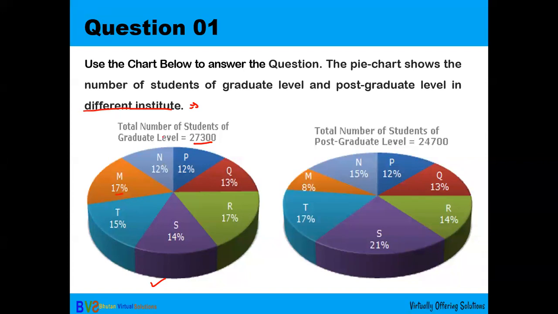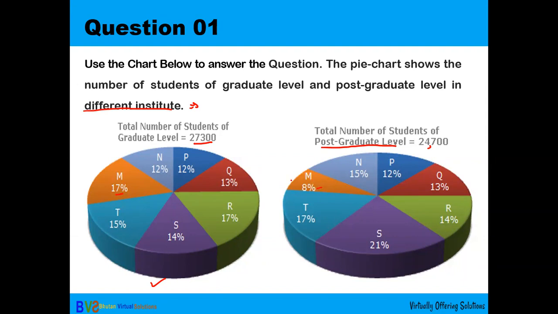Similarly, the second graph represents the postgraduate level, with a total of 24,700, and 8% of the 24,700 are from M institute.